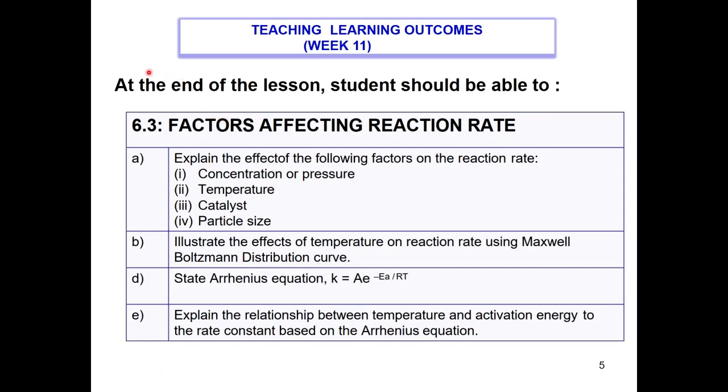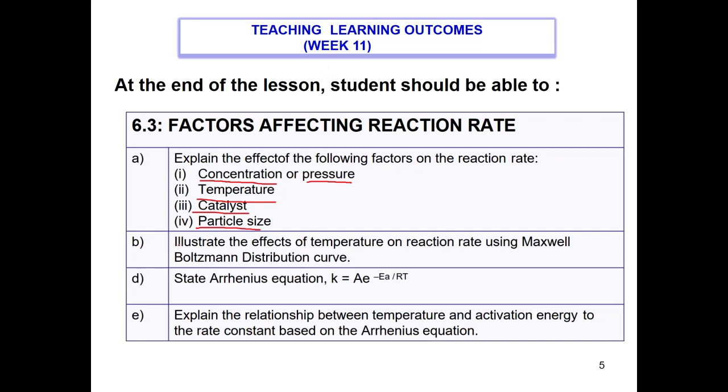At the end of the lesson for part 6.3, firstly, you should be able to explain the effect of the following factors on the reaction rates, which is concentration or pressure, then temperature, catalyst, and the last one is particle size.